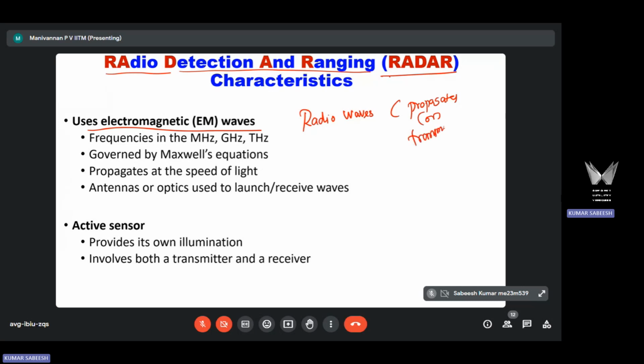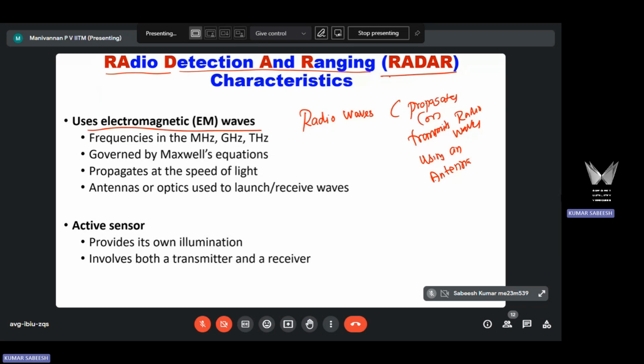We are going to see it. It transmits radio waves using an antenna. That is transmitted by this, and when it propagates, it travels in space.